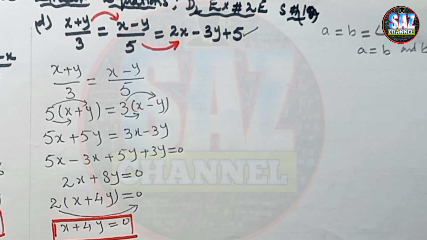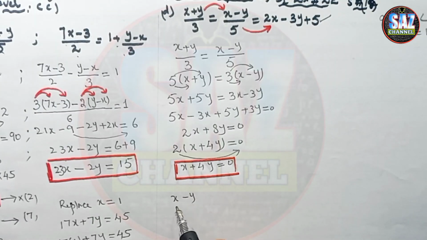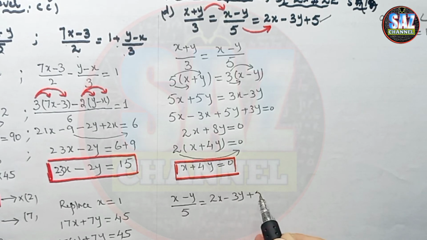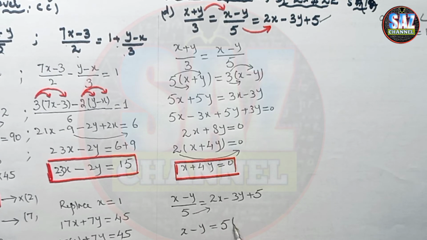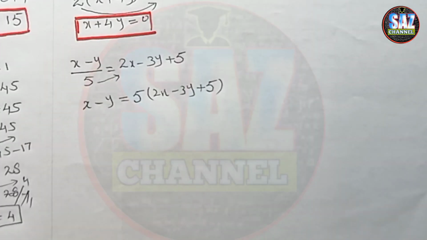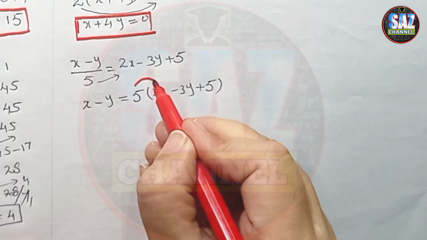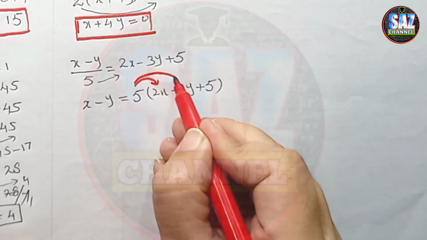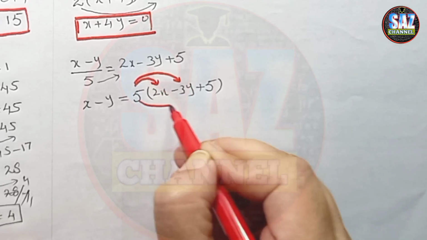Let's move to the second equation: (x minus y) by 5 equals 2x minus 3y plus 5. Shift 5 to the other side. x minus y equals 5 into (2x minus 3y plus 5). Now apply the distributive property carefully: multiply this 5 with every term inside the bracket.